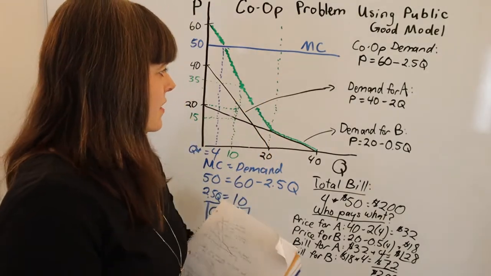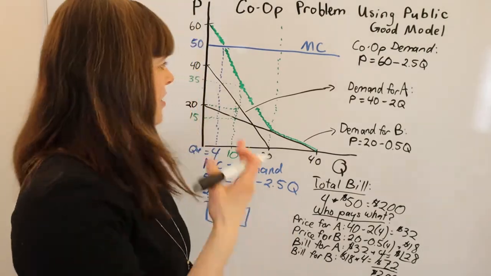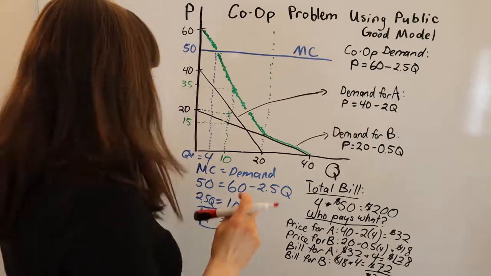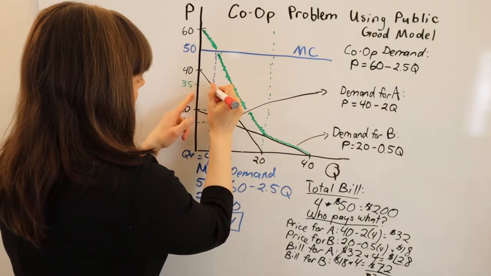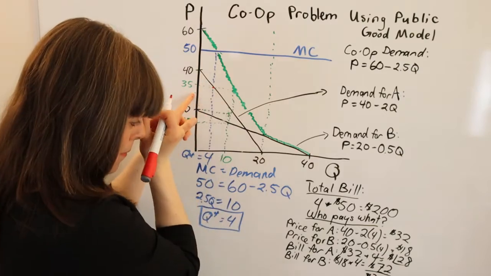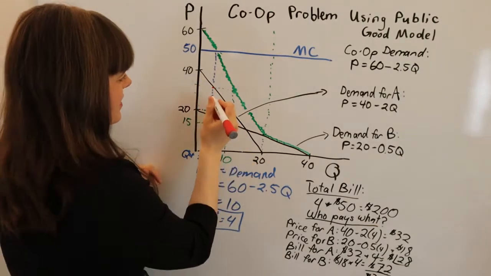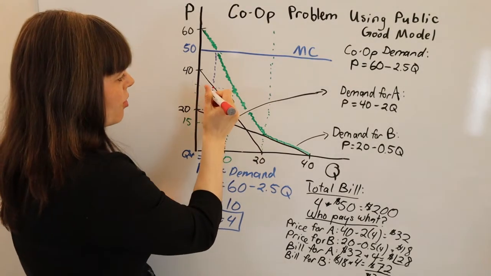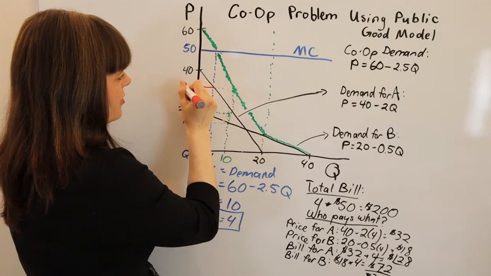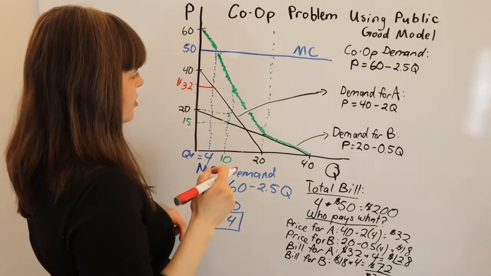Now, let's see if we can find the surplus for each firm if we look at the graph. I'll do this in red. So firm A is going to pay $32, and that should match up with the optimal quantity at 4. So $32 is how much per module that firm A will choose.